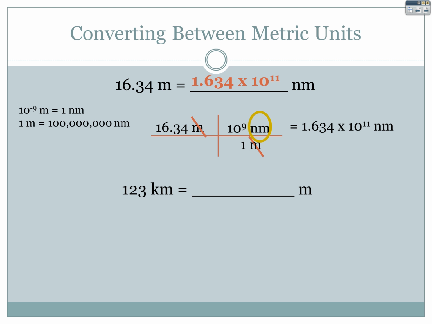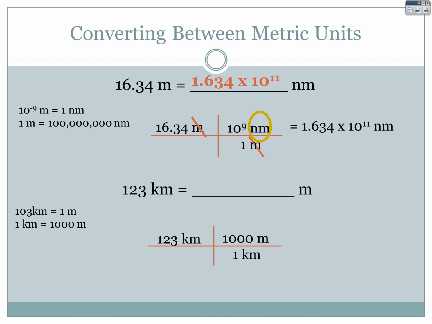Alrighty, let's go ahead and convert 123 kilometers into meters. Pause the video now and please convert that. Alright, now that you're done, let's check it out. That should be 10 to the 3 meters, I'm sorry, I forgot to superscript that, is equal to 1 kilometer, or in 1 kilometer there are 1,000 meters. So we have 123 kilometers.